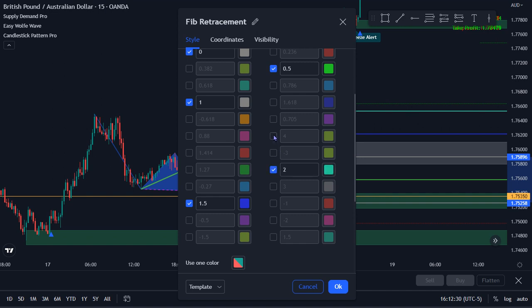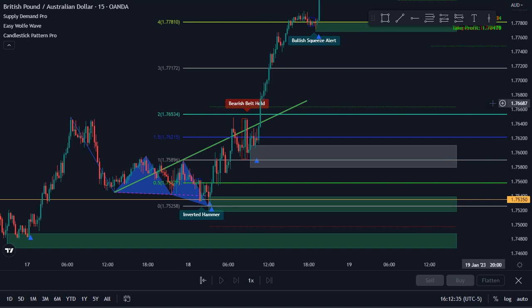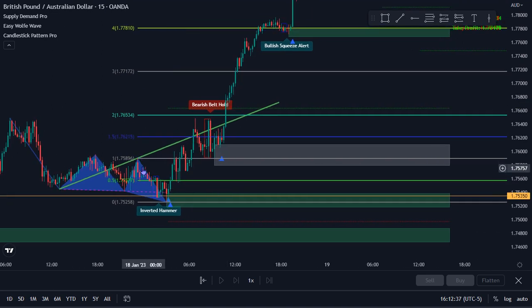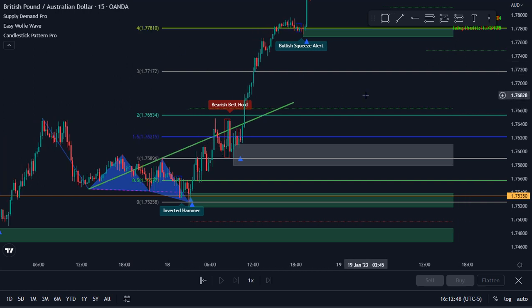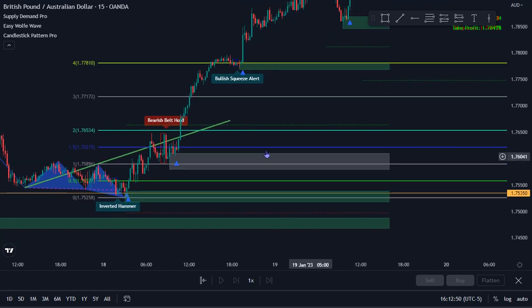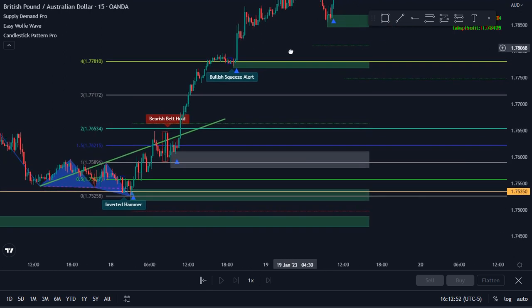You can take the range of the last leg down in the Wolfe Wave and then extend it out. You can either do half deviations. I prefer just to do whole ones, the 2, 3, and 4. Of course, we see it easily meets all of those price levels.